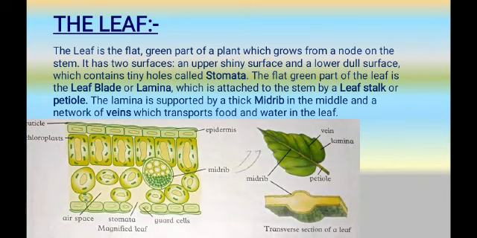The outer layer of the leaf is called cuticle. Inside the cuticle there is chloroplast where sunlight is absorbed. Here you can see the air space, meaning stomatas, which help in gaseous exchange. This is the internal structure of the leaf, the anatomy of the leaf.